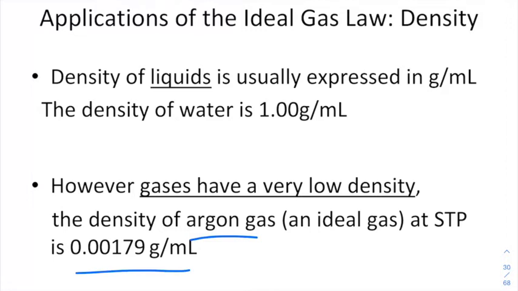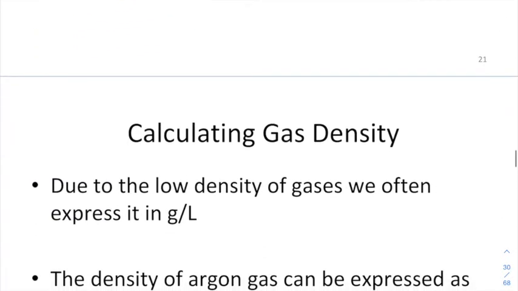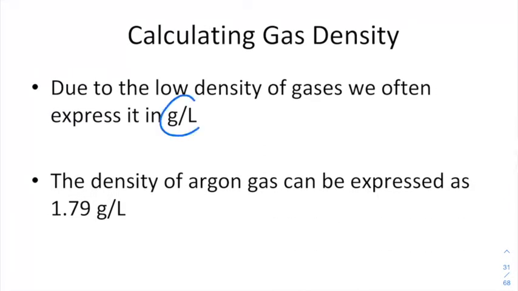They're just kind of a pain to work with. So instead, we talk about them in grams per liter. This way, that same argon gas, we can talk about it as 1.79 grams per liter. It makes your life much easier in calculations. So this is a unit you're going to see and be working with, and that is grams per liter when we're dealing with something like gases that have very low density.